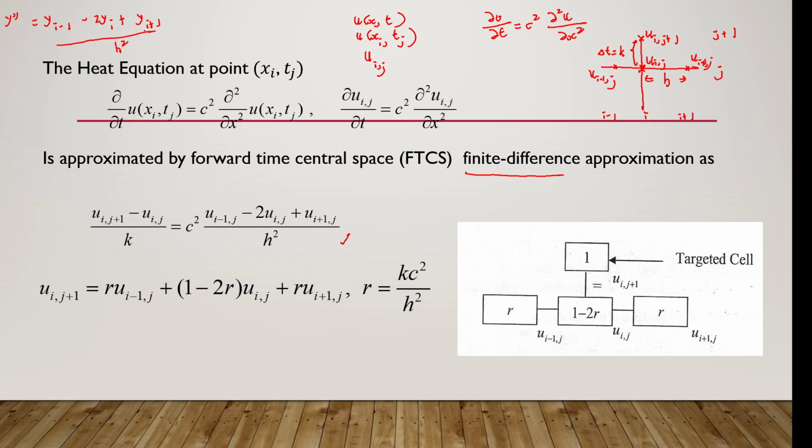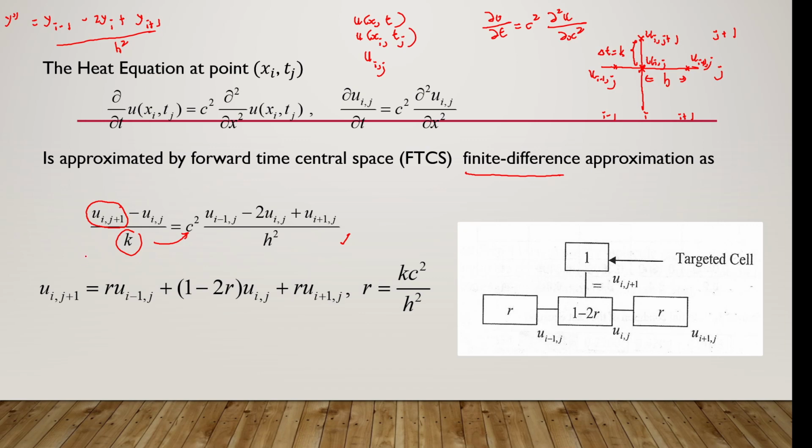You tally back with this formula, the second derivative from chapter 5, so you obtain this formula here. Later on we are going to solve for the term u_i,j+1. That's why the k here you bring to here.